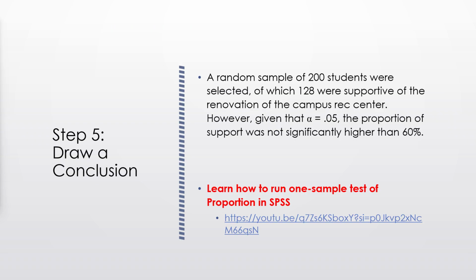So what is the conclusion? A random sample of 200 students was selected, of which 128 were supportive of the renovation of the campus recreation center. However, given alpha equals 0.05, the proportion of support was not significantly higher than 60%.